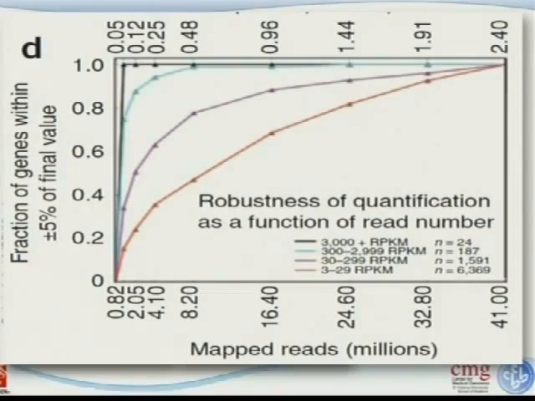Okay? And next is 30 to 300 RPKM. Even though you got 41 million mappable reads, you probably get pretty close to the final value now. And if you are looking at about 15 million mappable reads, you have about 80% of the genes whose expression level you can detect pretty accurately.